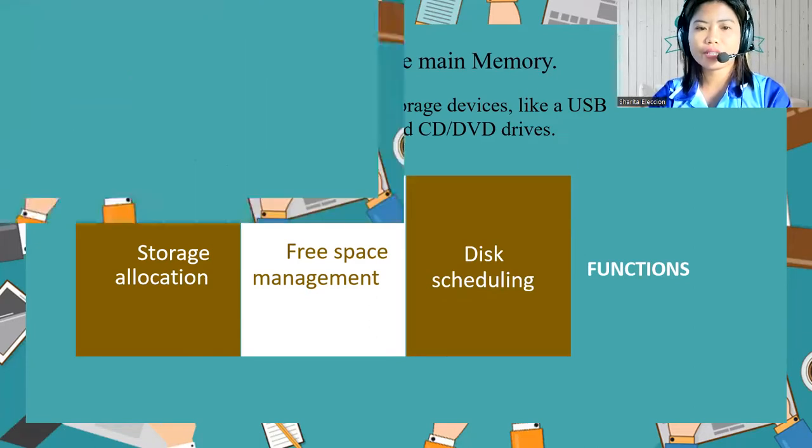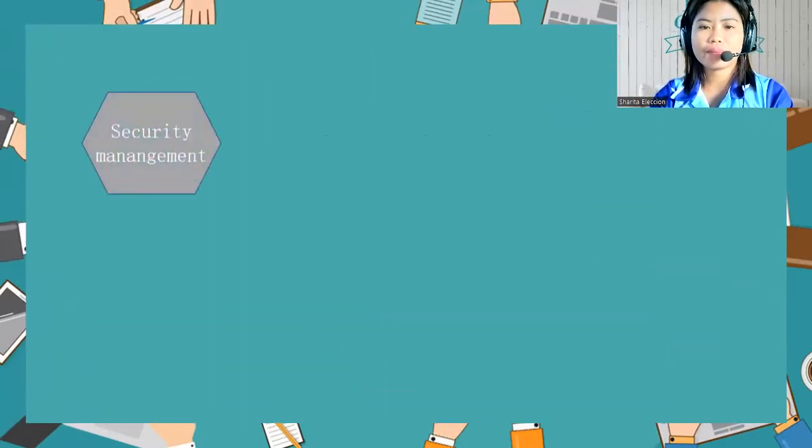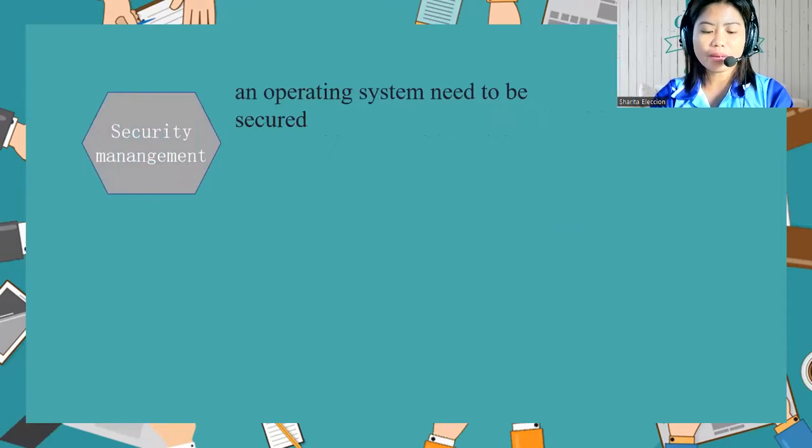Okay, so let's proceed with the security management. The security management of the operating system covers the various processes in an operating system that need to be secured from each other's activities. So there are activities that need to be secured.